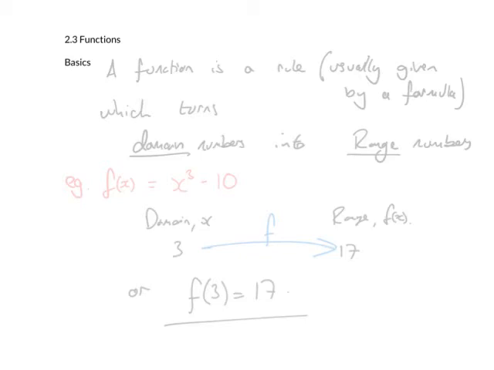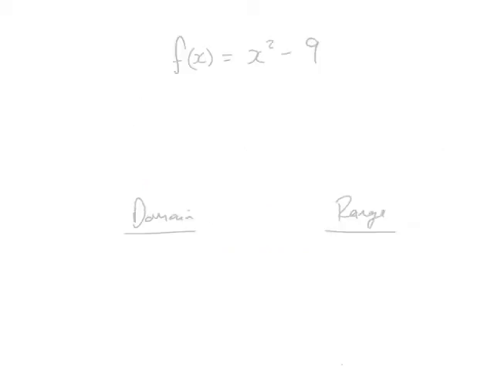Now the thing that I want you to take from this is the numbers that go into f make up the domain, and the numbers that come out of f, the values that f itself takes, are called the range of f. Okay, so we don't put every single number in as x. That isn't what we always do.